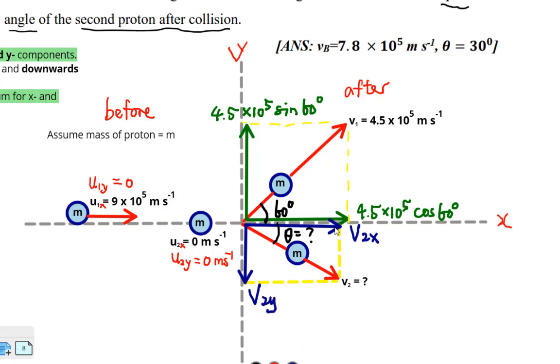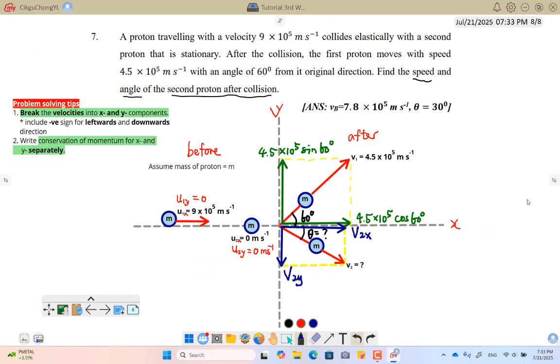Okay, but I didn't put a negative sign for v2y because the direction is unknown. I'm not very sure whether this final velocity for proton 2 is moving downward, so I just write it as v2y. So I have already broken down the velocity into x and y components. Now I can write the conservation of momentum for x and y separately in order to determine the speed and the angle of the second proton after collisions.